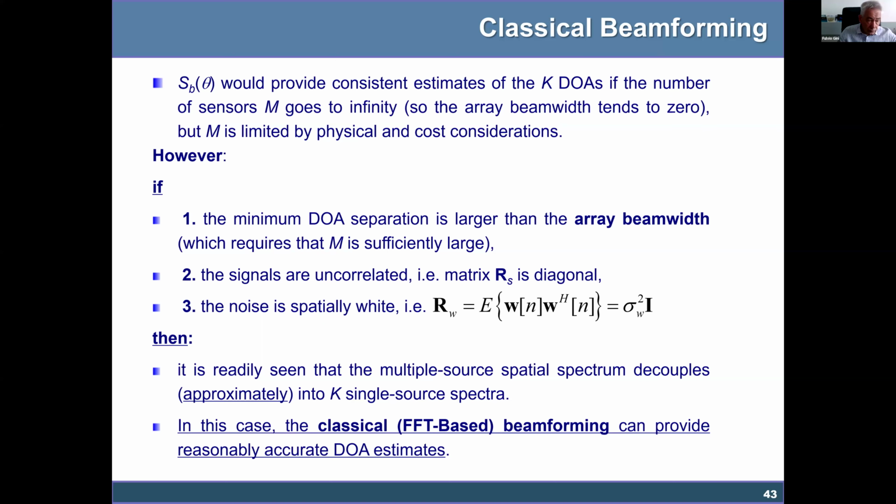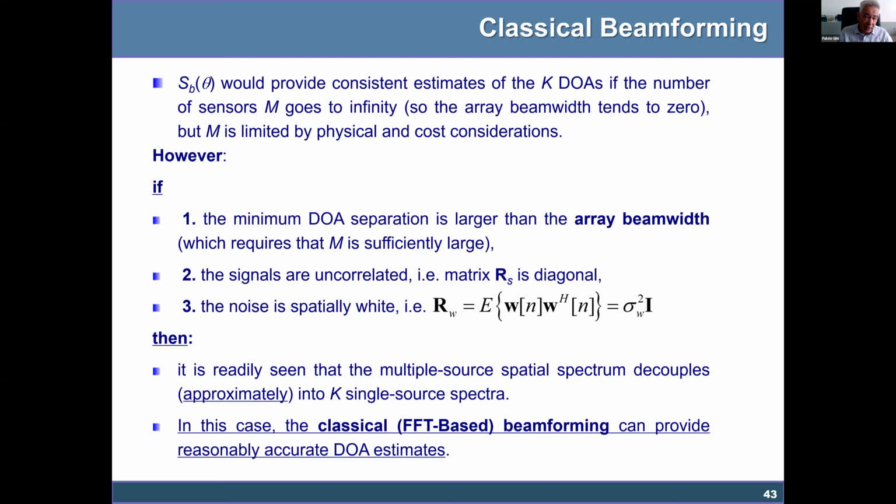Obviously, if the number of sensors goes to infinity, the array aperture increases, the resolution becomes better and better, and the interaction between different peaks tends to zero.